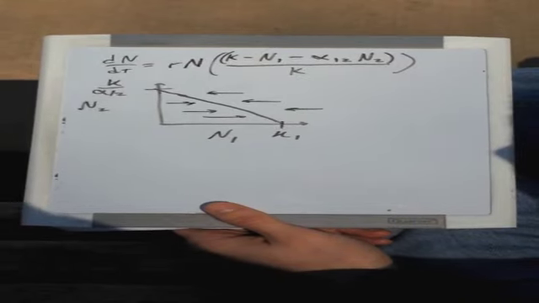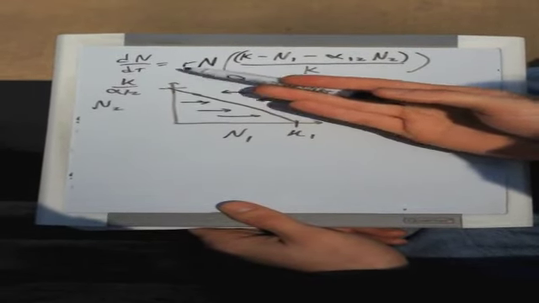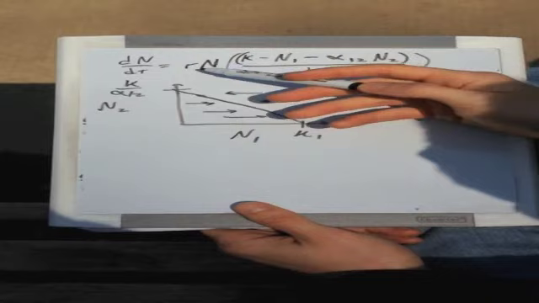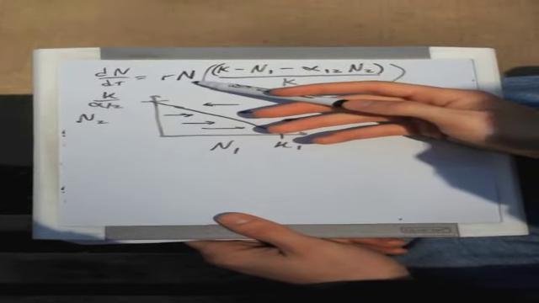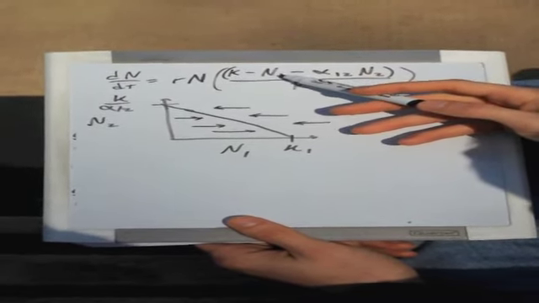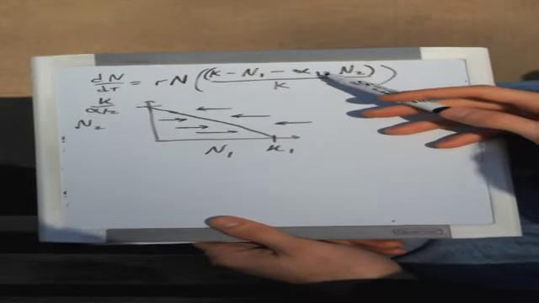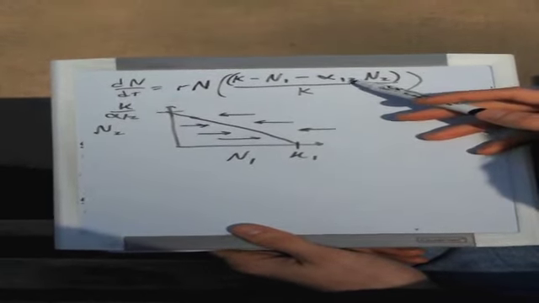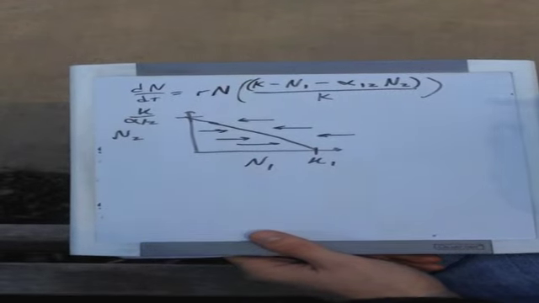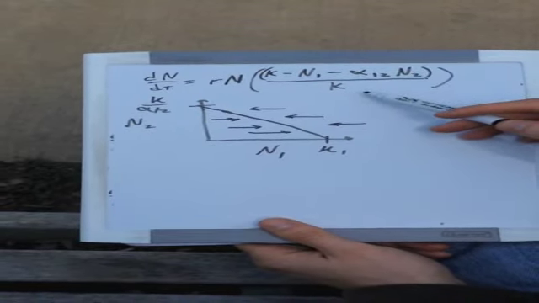When looking at a competition equation for one of the two species, it will be mapped out using this equation, which represents dN/dt, the change in population over time, which is equal to the rate of births times the given population number, multiplied all over the carrying capacity, minus the first number of the hypothetical species, subtracted by the coefficient alpha 1,2, which means the effect that species 1 has on species 2, times the number of individuals in the second population, all over the carrying capacity.